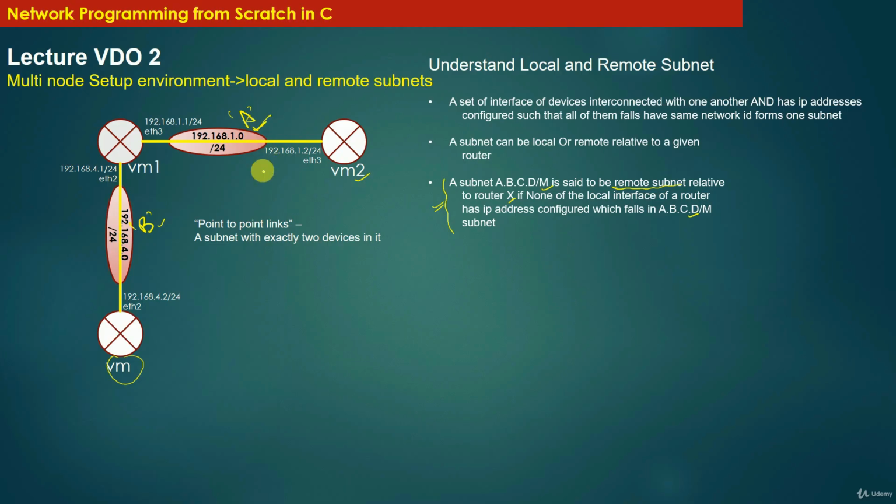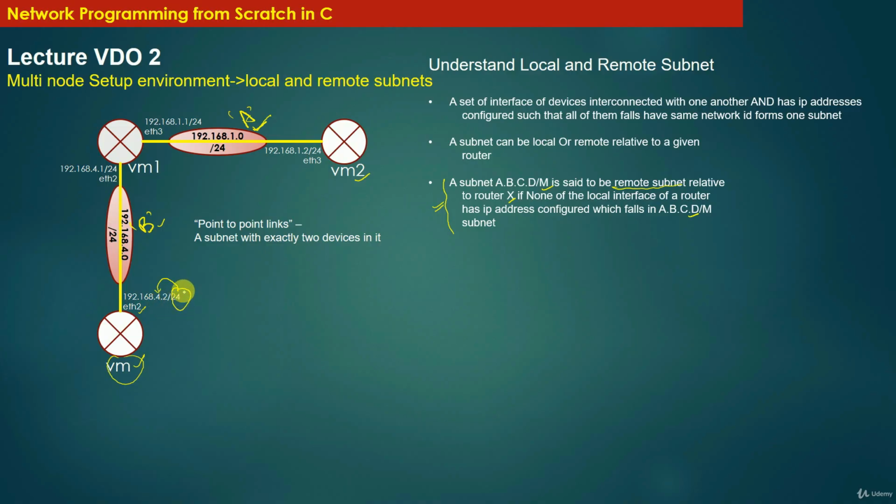Subnet A is a remote subnet for router VM. Why? Because router VM has no interface on which an IP address and mask value are configured such that applying the mask on the IP address gives the network ID of A. In our topology, router VM has only one interface, Ethernet 2, which is assigned the IP address 192.168.4.2/24.